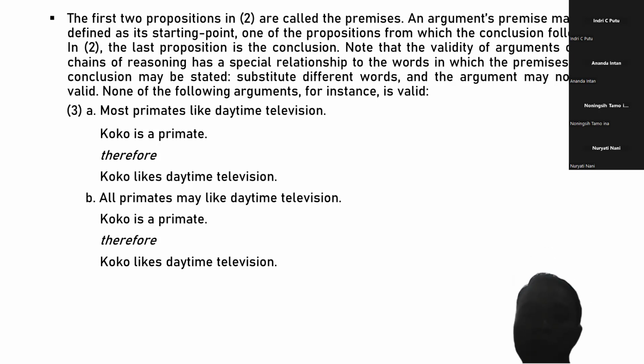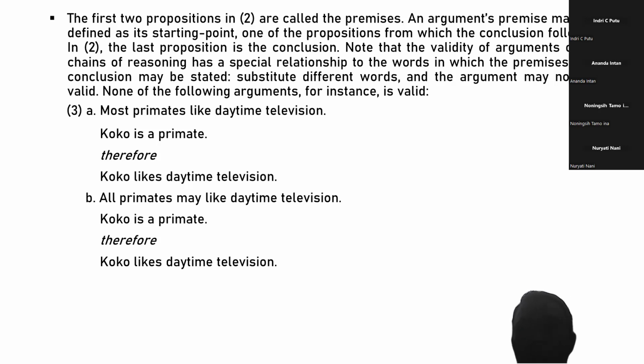As you can see, to improve your understanding, I will propose a second example. All primates may like daytime television. Coco is a primate. Therefore, Coco likes daytime television. Comparing A and B, the difference is in the use of most and all.